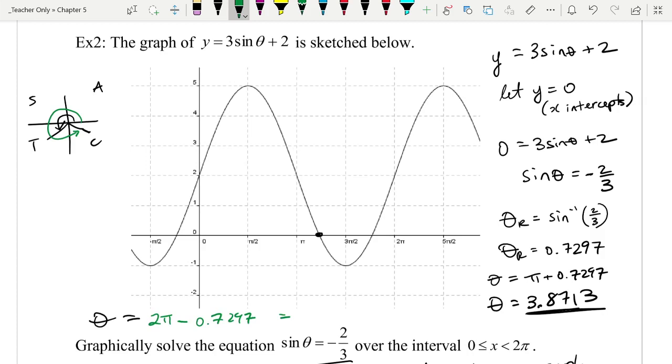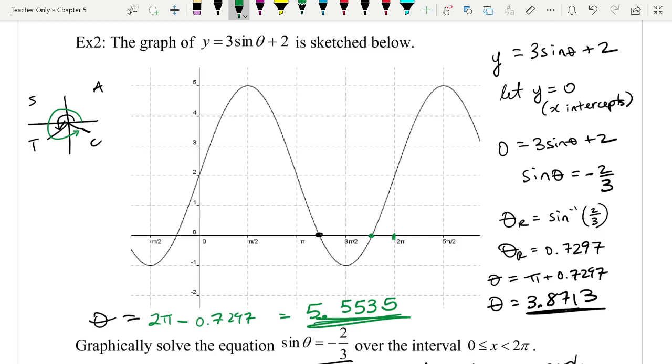So 2 times pi minus my reference angle, and that's 5.5535, which would be this point about here, which makes sense because remember, 2 pi is around 6.3, or 6.28. So there we go, there's our 2 answers. So there's the kind of algebra we can do when we look at graphing equations.